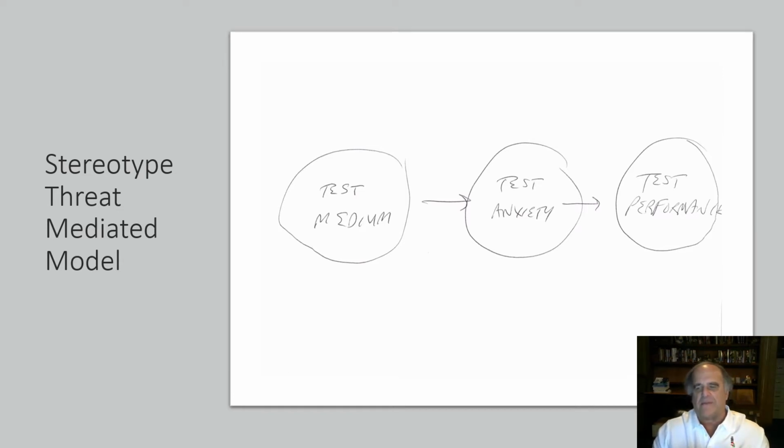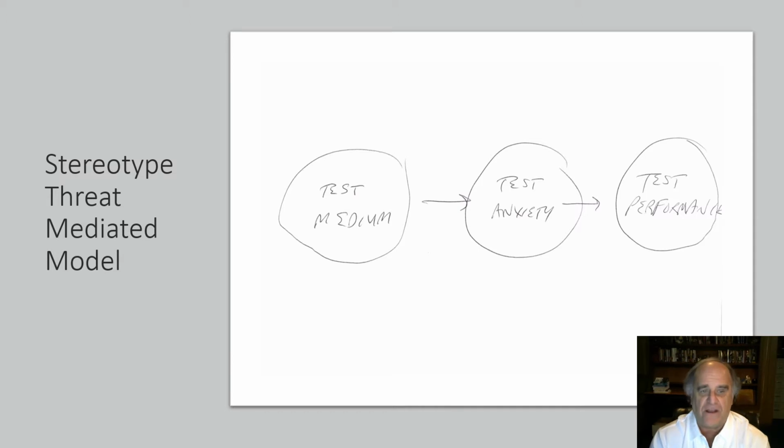That's probably the prime theory, that in taking the test, they're representing their group. And if they do poorly, it's going to reflect poorly on their whole group. And so minorities feel this stereotype threat, and it reduces their test performance.